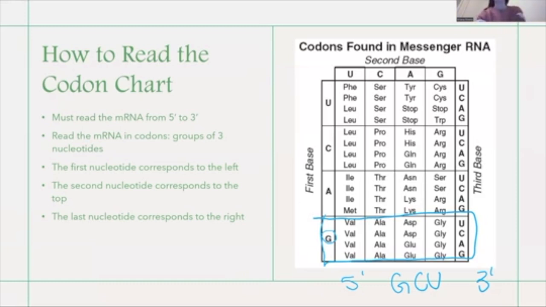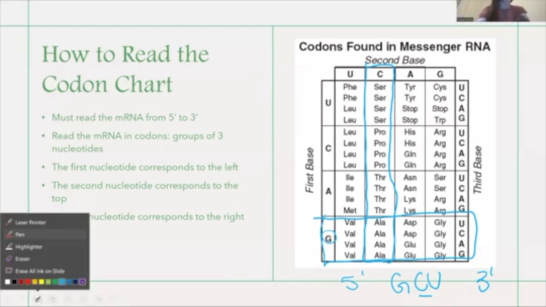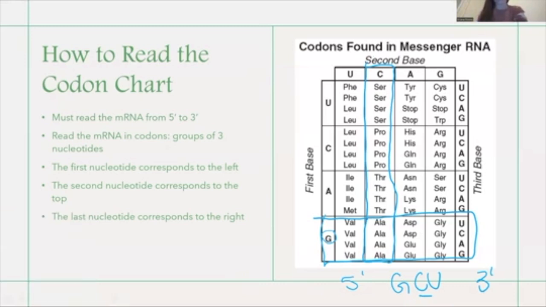I look at my second nucleotide, which is a C. Now I go to the top. I find my C, meaning I'm looking in this column. And now we look at where they intersect. And you'll notice that they intersect in that bottom one in the middle, or the second one over from the left side. So that means that my amino acid definitely has to be in here.